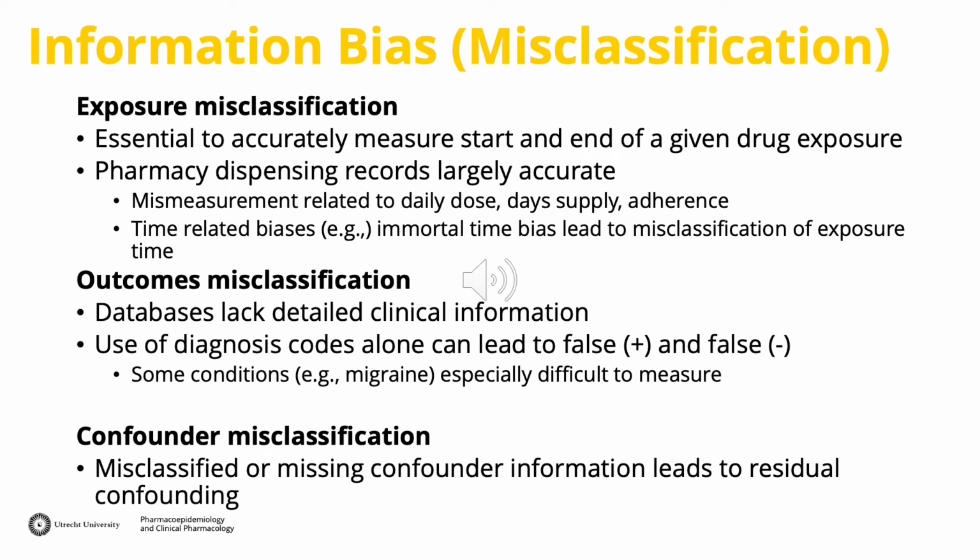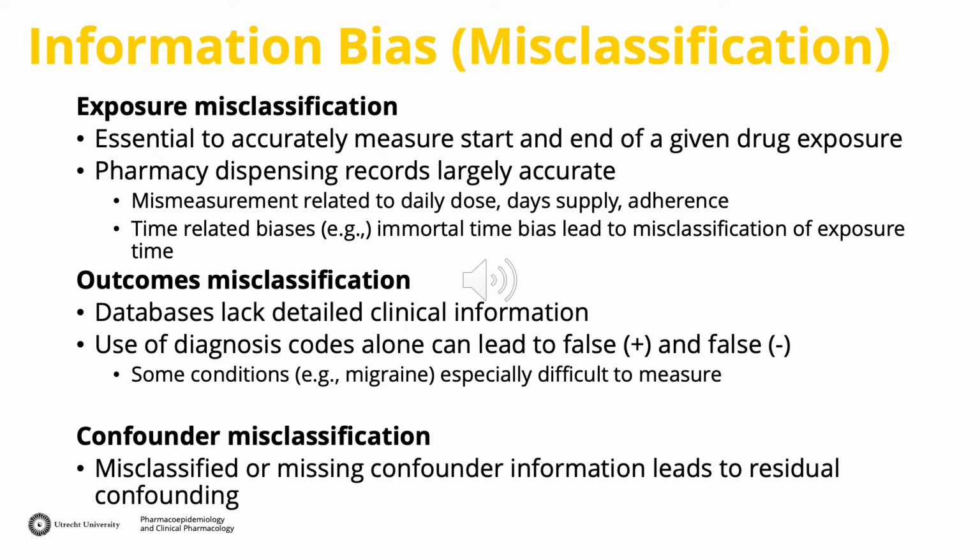So to specifically narrow in on sources of information bias, with respect to exposure misclassification, this essentially is our measurement of our exposure variable and how accurate this is within our study and our given data sources. So it's essential to accurately measure the start and end of a given drug exposure.